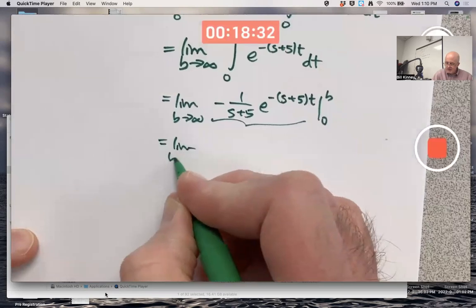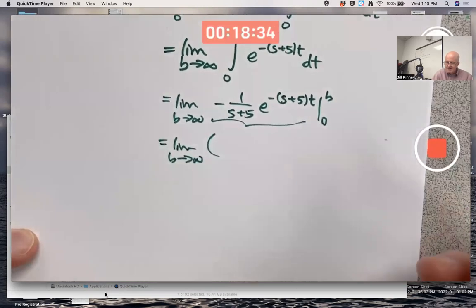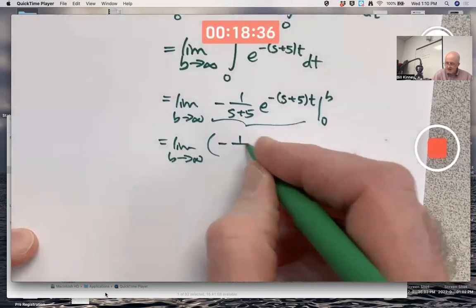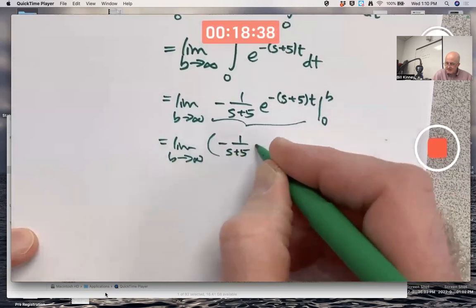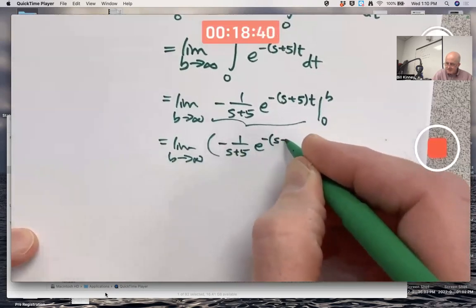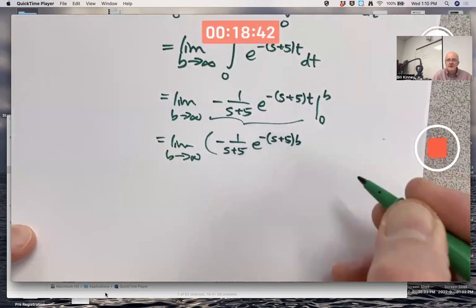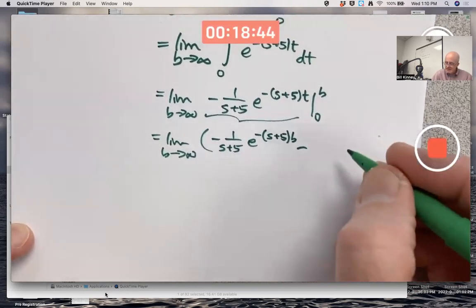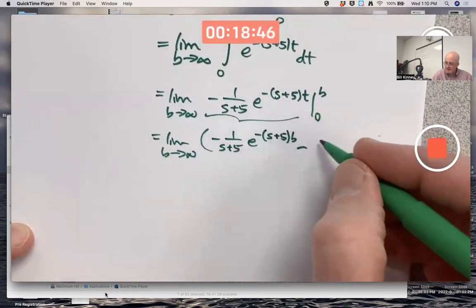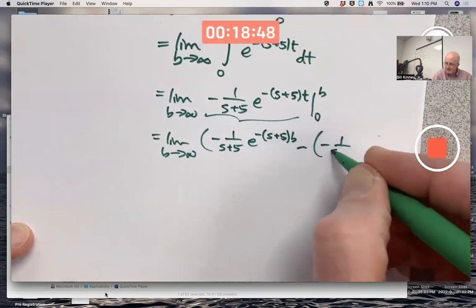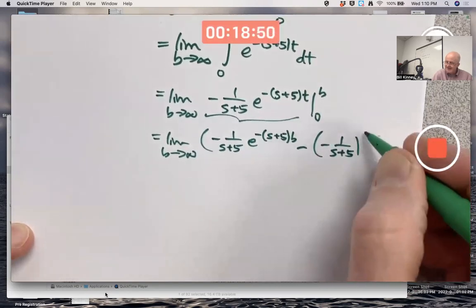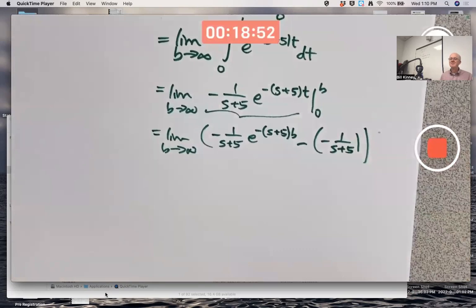Now plug in the limits of integration. You plug in t equals b and you get negative 1 over s plus 5 times e to the negative s plus 5 times b. Plug in t equals 0, e to the 0 is 1, so you're left with this, right? Careful about minus signs.